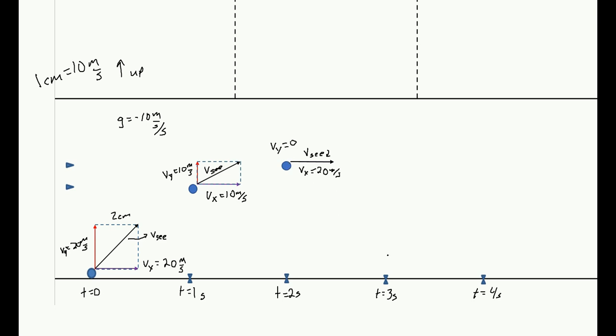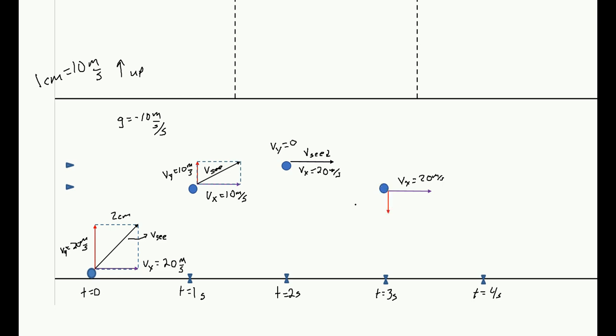Alright, 3 seconds. Now it's coming back down. And so now it comes back down to the same height it was over here at 1 second. It still has a horizontal velocity of 20 meters per second. And vertically now, it was at 0. It's accelerating down at 10 meters per second.